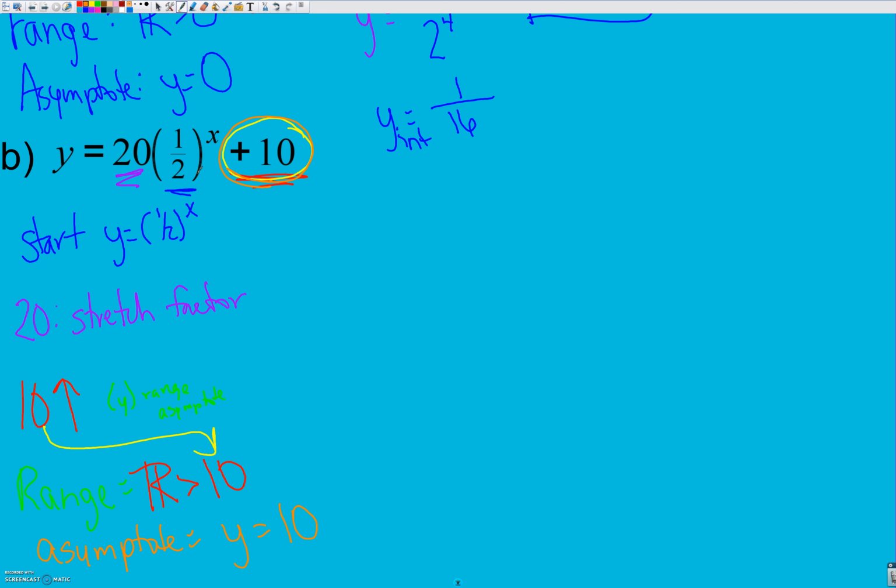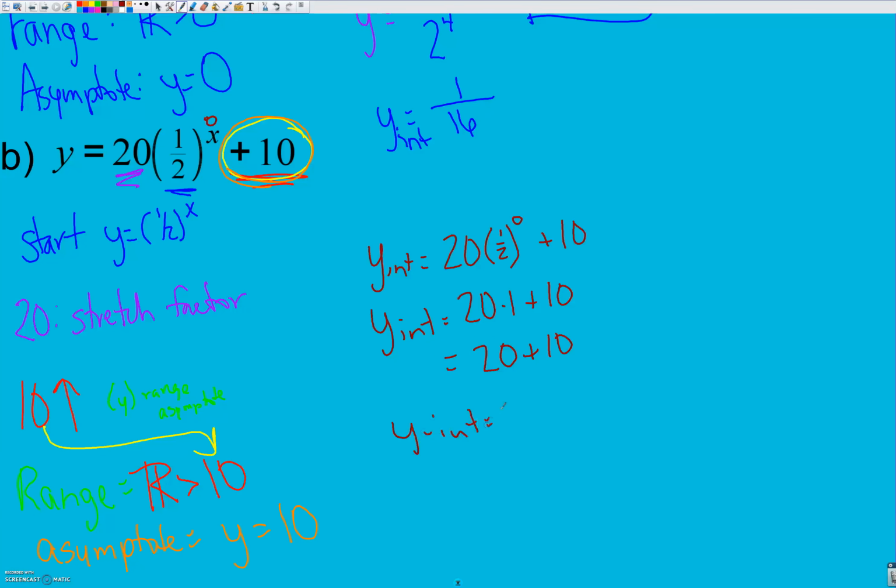Now, as far as our y-intercept goes, again, to find our y-intercept, we make x 0. So y-intercept is going to be 20 times 1/2 to the 0 power plus 10. Remember, anything to the 0 power is 1. And our y-intercept is going to be at 30.